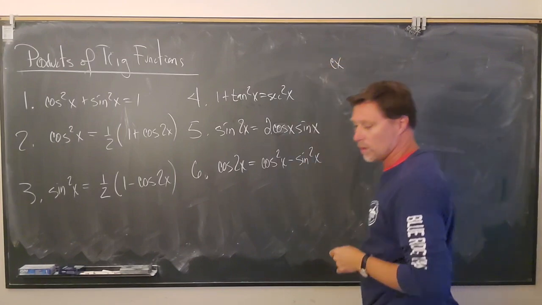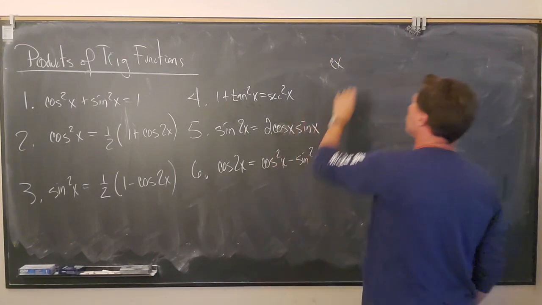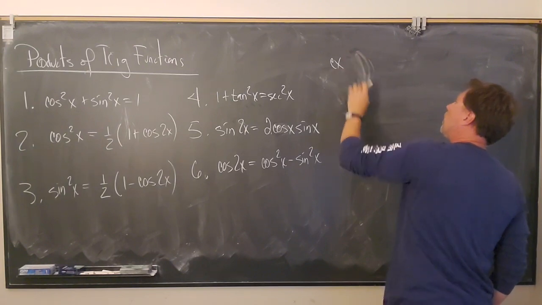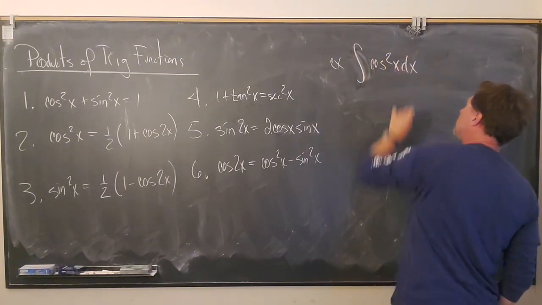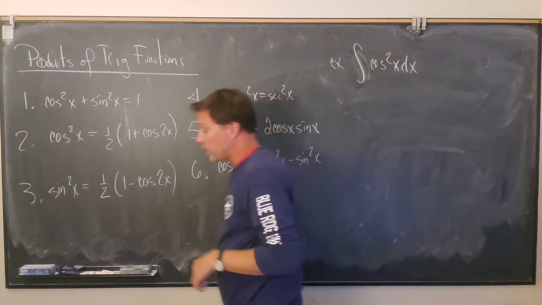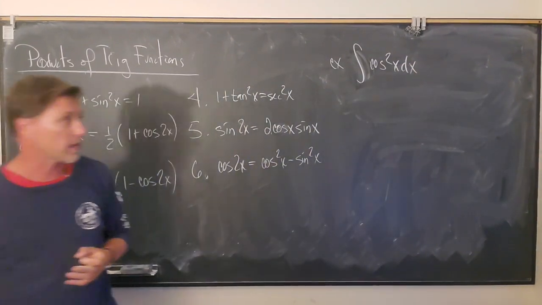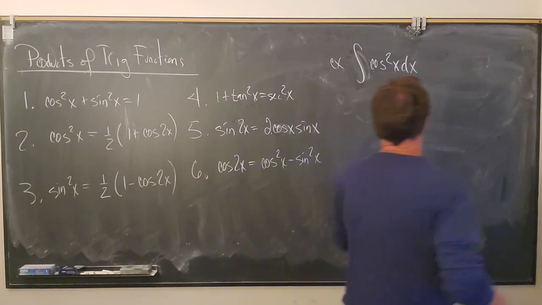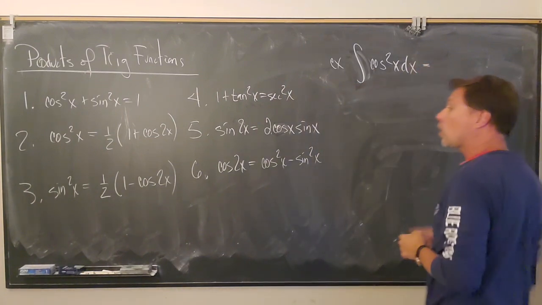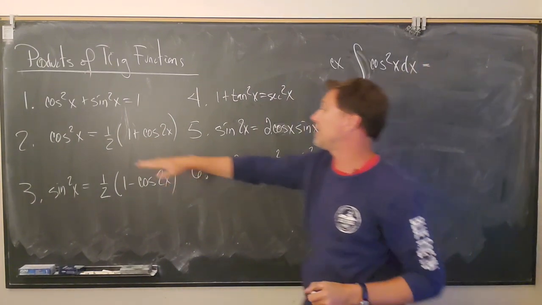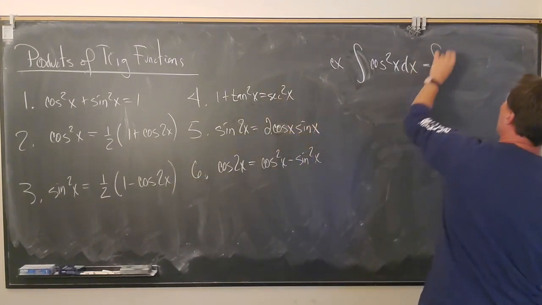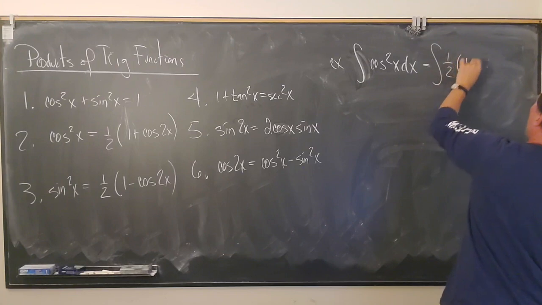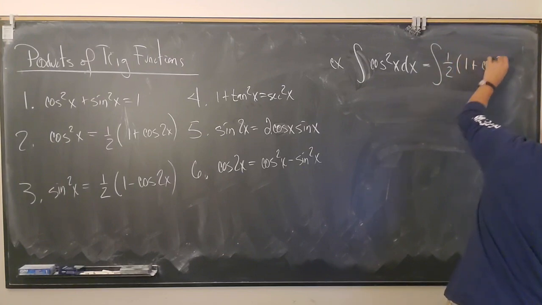So first example, let's do the integral of cosine squared x dx. Now, we don't have a formula for the integral of cosine squared, so what do we do? We say, oh, according to identity number 2, we can replace our integrand with 1/2 times 1 plus cosine 2x.